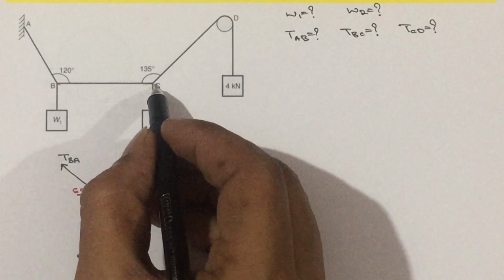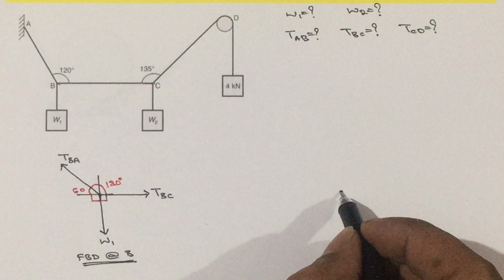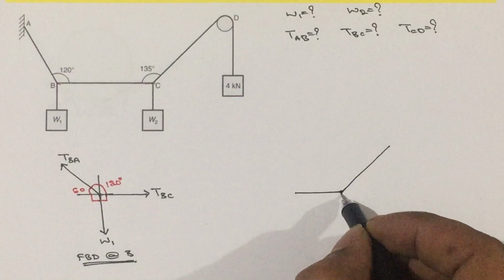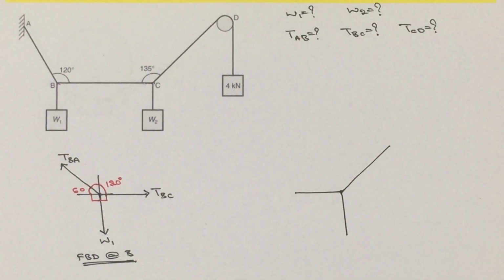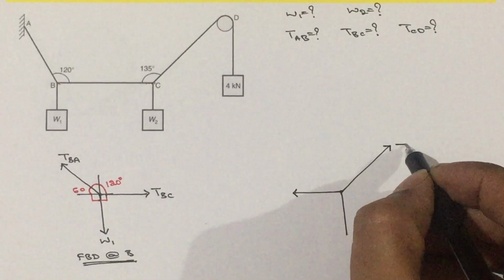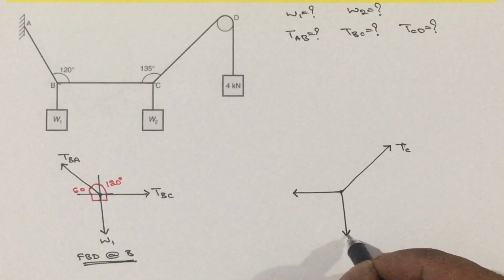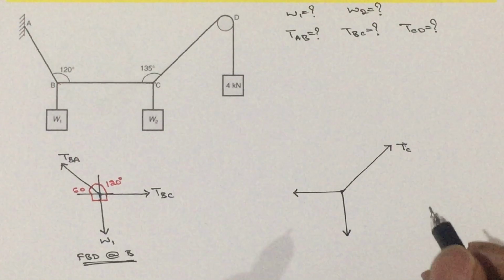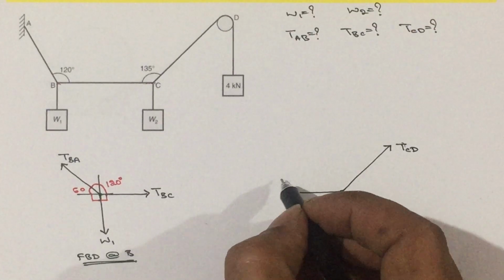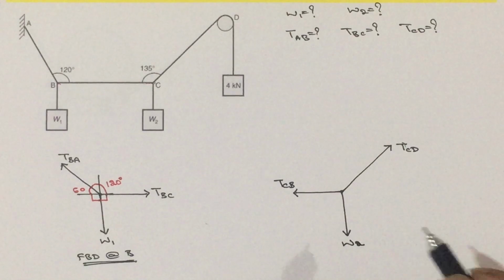Then we need to write free body diagram at C point. So, let us write the C point, then write the connected lines to the C point. So, then the direction, these members are subjected to the tension, so outside arrow, this is okay, and the weight, it is acting vertically downwards, so downwards. Then we have the magnitude, this is TCD, then this one is TCB, then this one is weight W2.